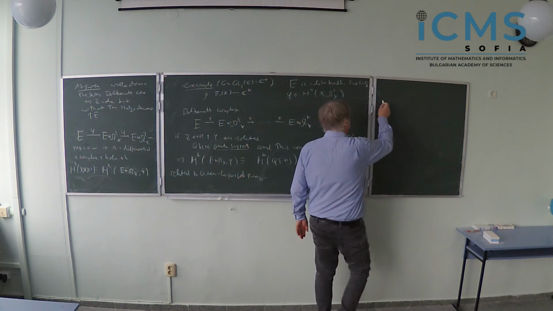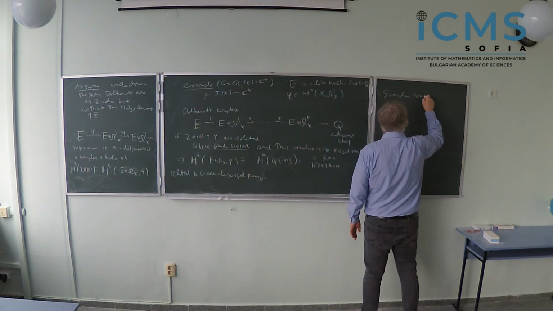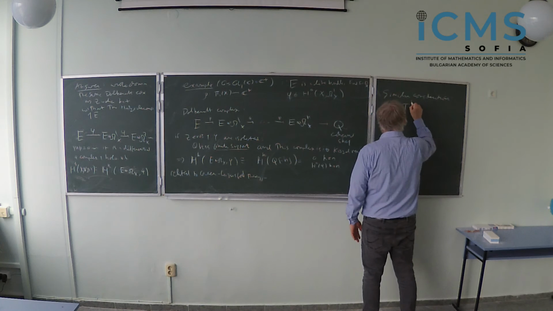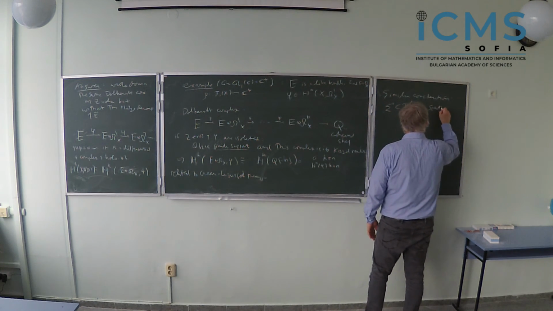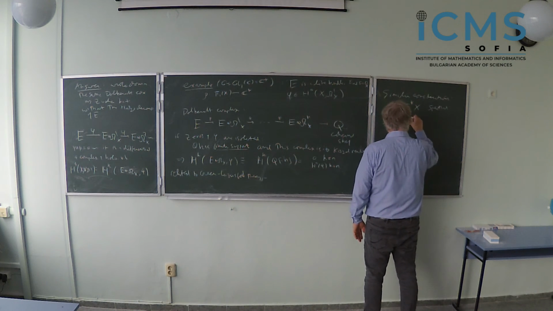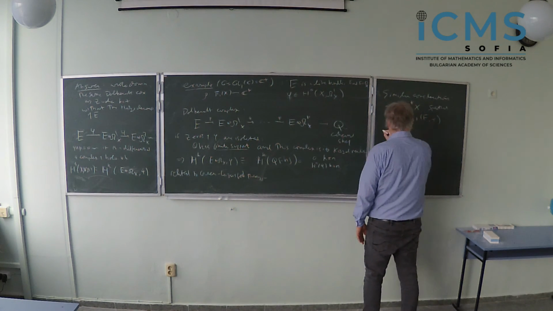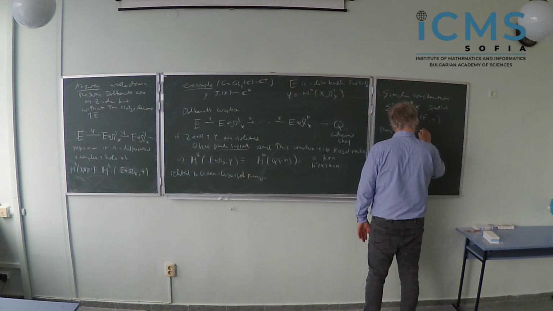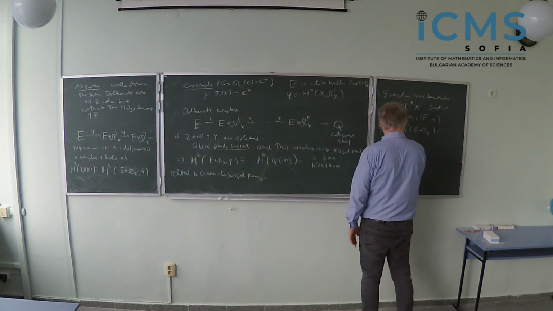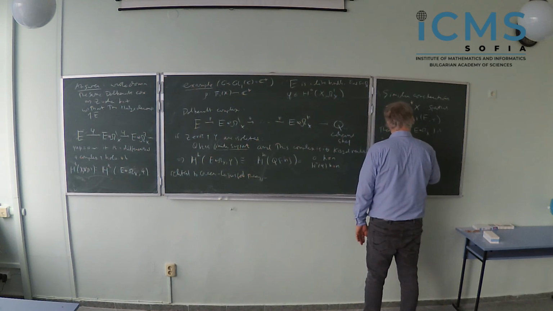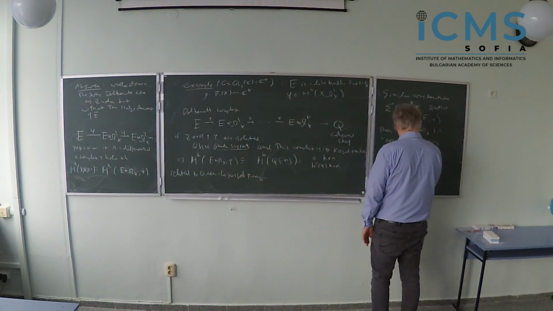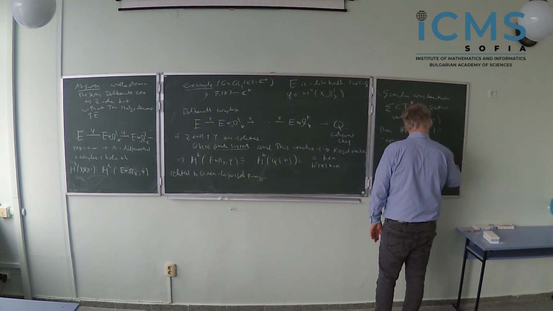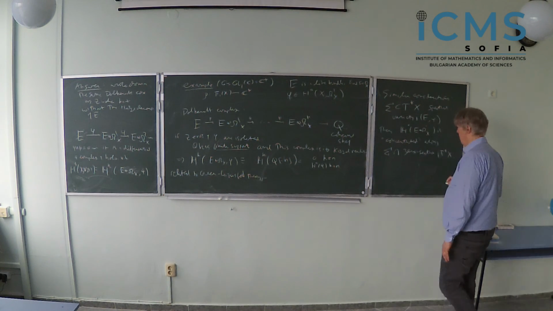So if we take sigma inside T star X, the spectral variety of E comma phi, then the hypercohomology of E tensor omega dot X is somehow concentrated along the intersection, sigma intersects the zero section. Let me just put it that way.